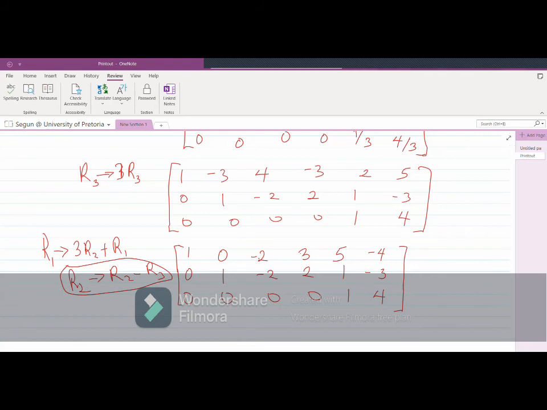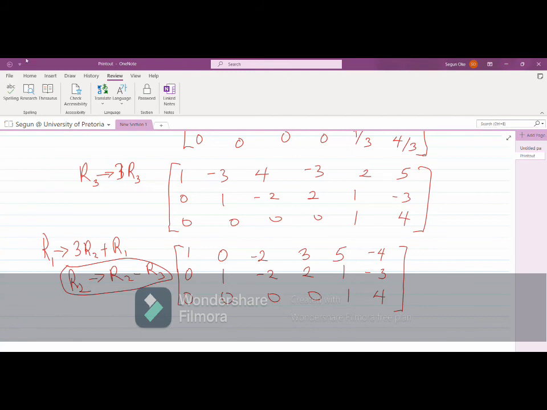Now that you have this, what else do you think we can do? Let's look at it together critically before you can say, yes, you are done. I think our R1 can still be R1 minus R2, sir.